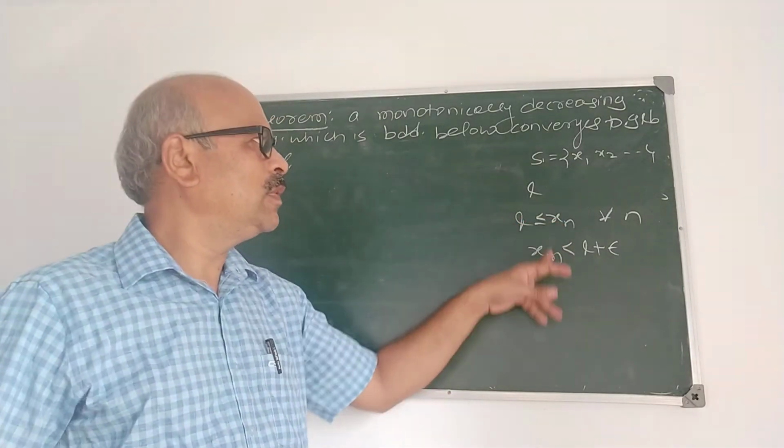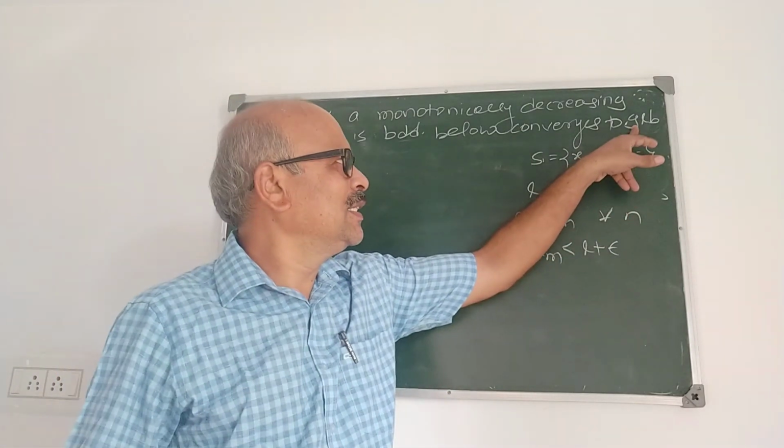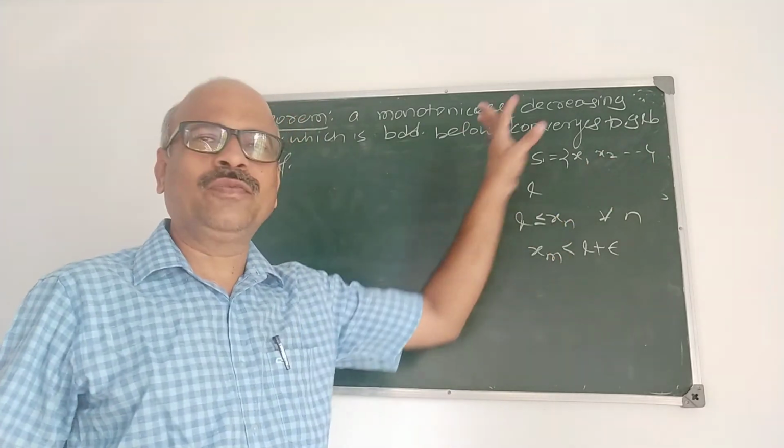See the definition of greatest lower bound: the greatest of all the lower bounds.